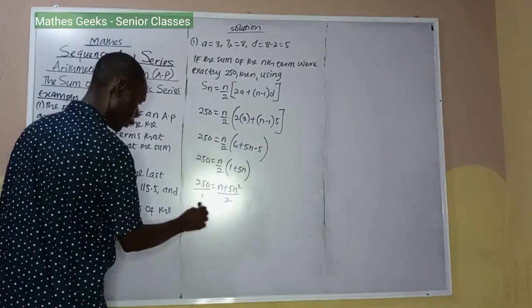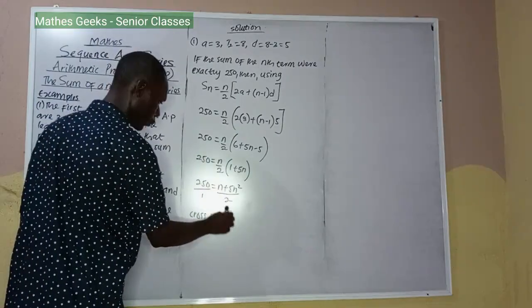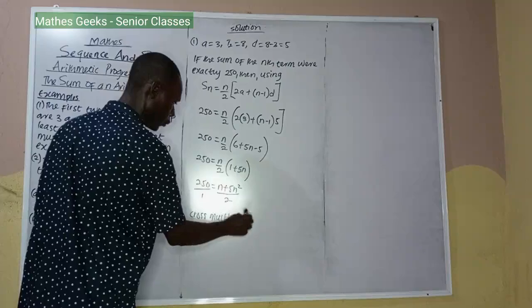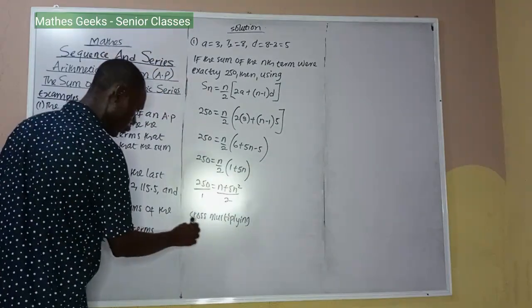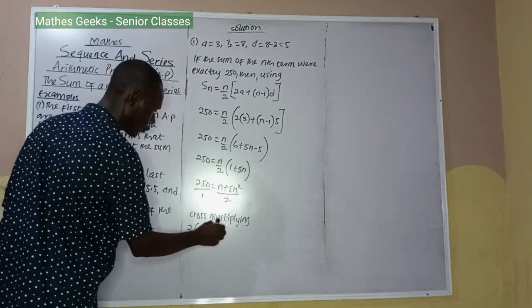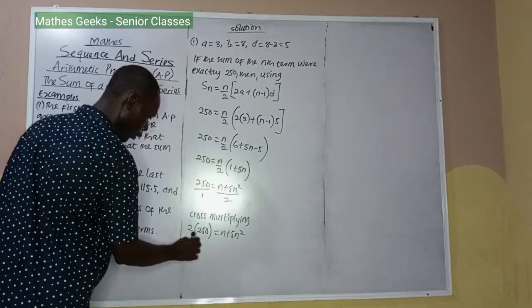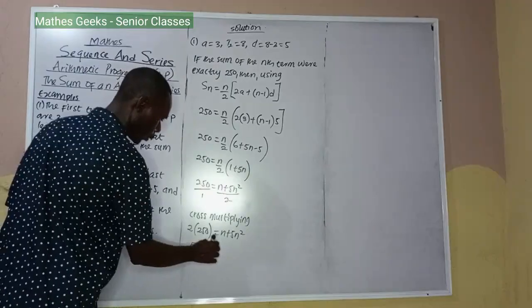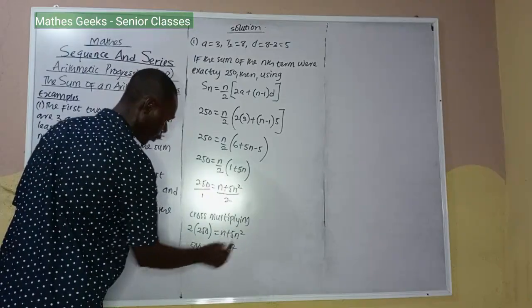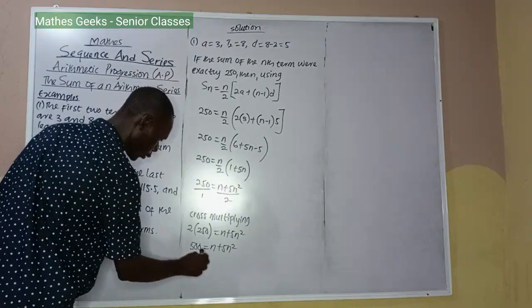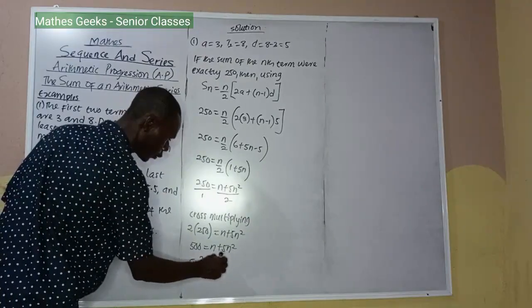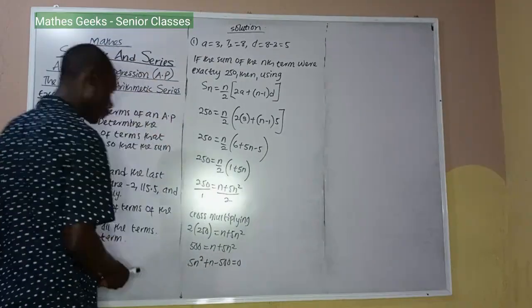So cross multiplying, 2 times 250 equals n plus 5n squared. The left side gives us 500 equal to n plus 5n squared. So 5n squared plus n minus 500 is equal to 0.